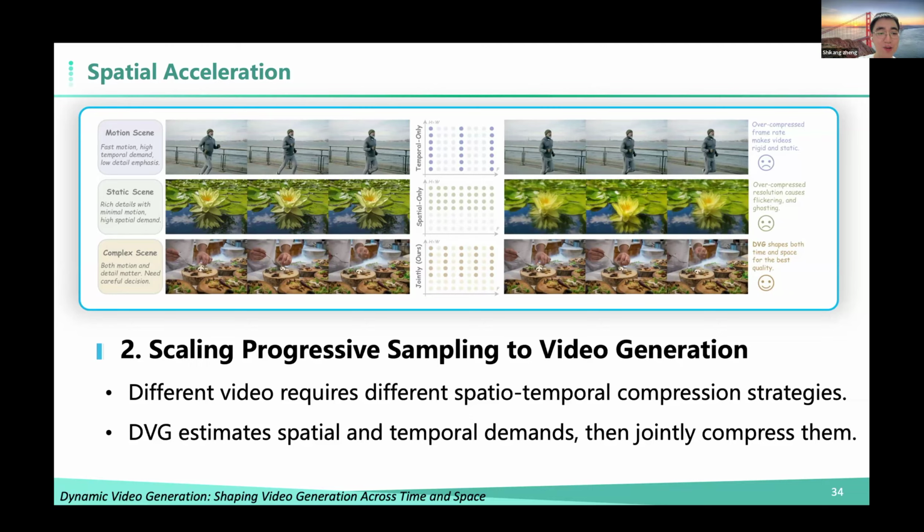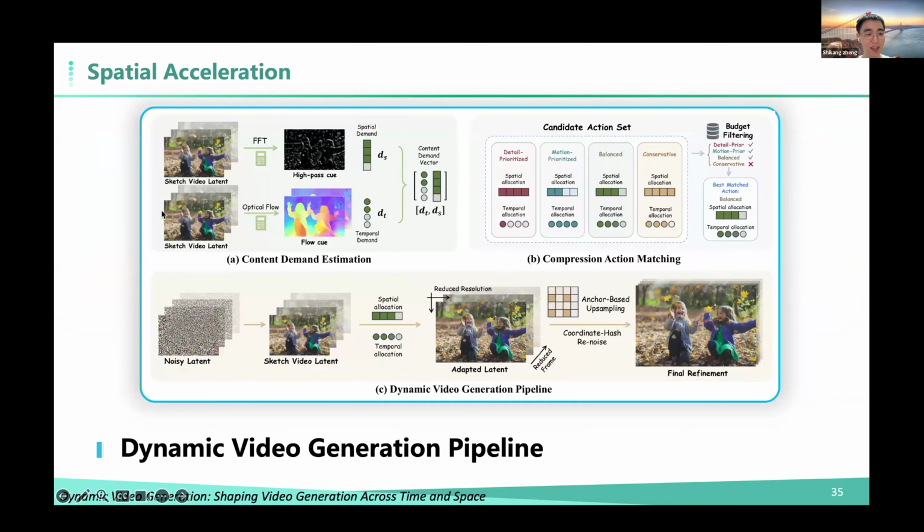What we're trying to do is estimate the spatial and the temporal demands, and then jointly compress them during the beginning stage of the denoising. So this is our framework. First, we use the noisy latent to generate a sketch video latent, which is a few-step sketch video latent.